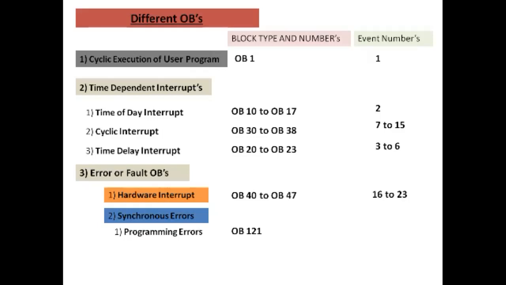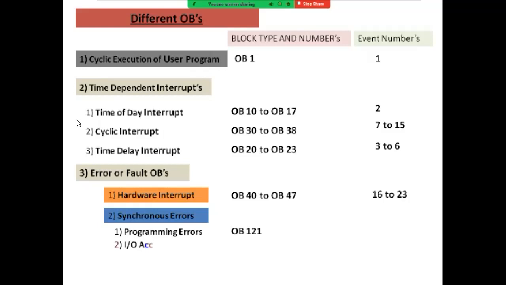If it is not available, what happens? Your CPU goes to stop mode. This is an error. For that we have OB number 121, to check the error, and your CPU remains in run mode, but does not go to stop mode.